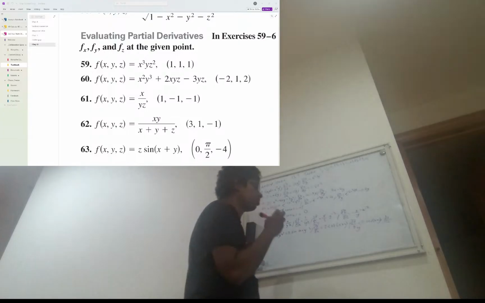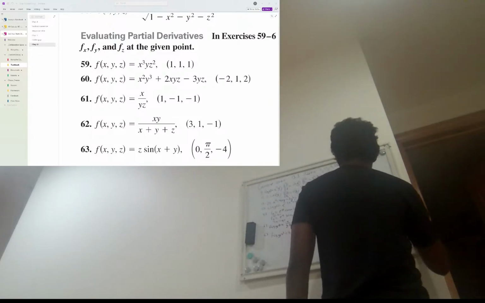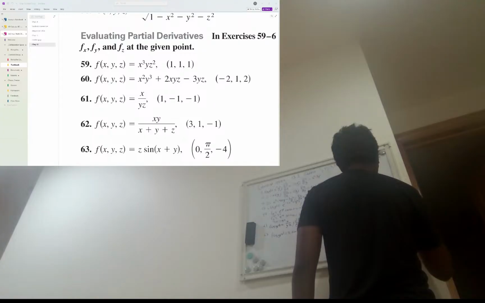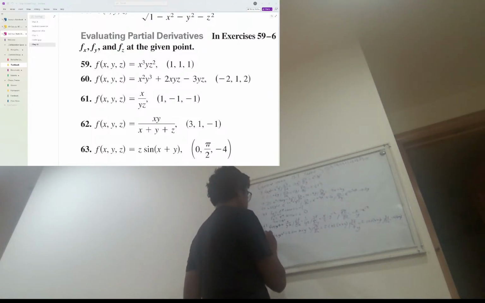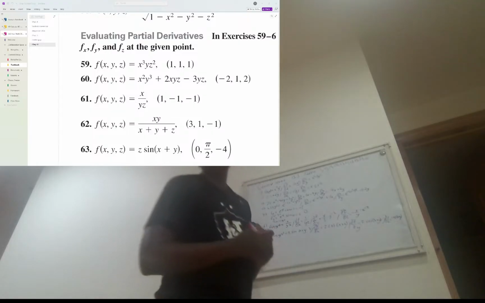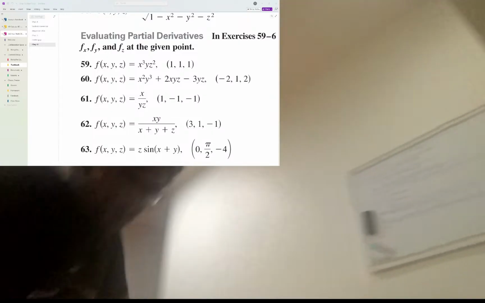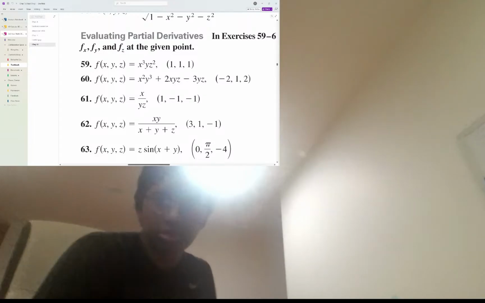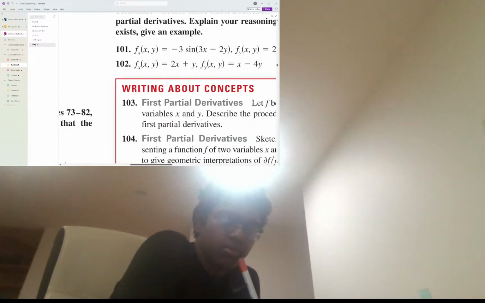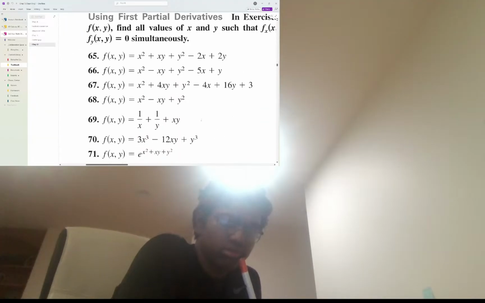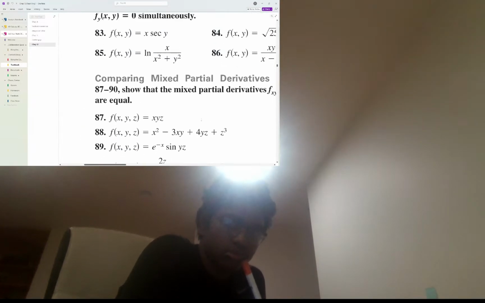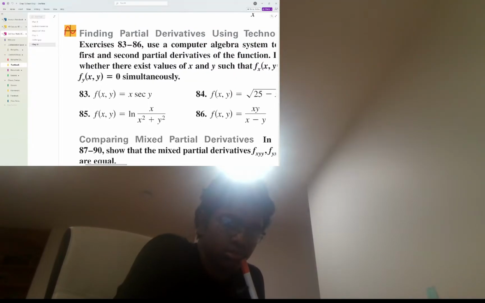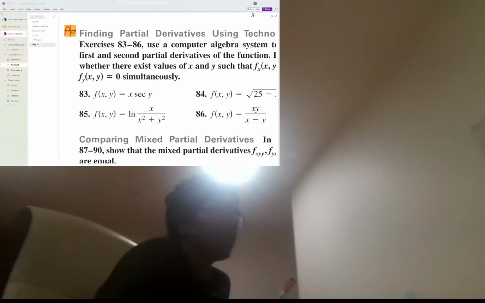So z multiplied by a constant, so it's just going to be the constant, cosine x plus y. Cool. Let's do 63, 83. Let me scroll these. Okay, we have to do 83, 89, and 115.